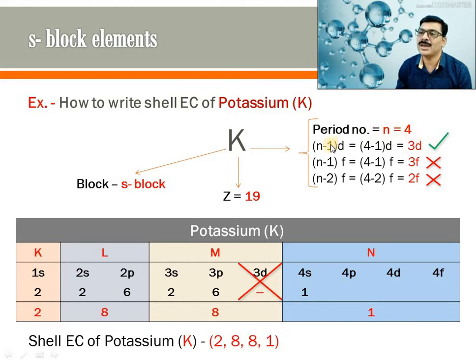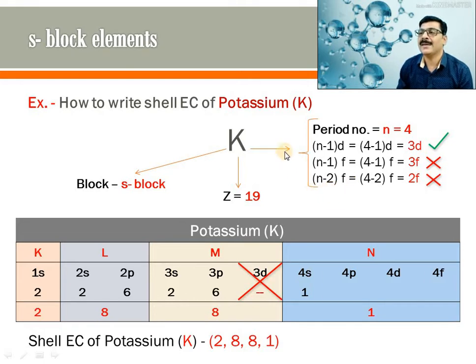Now here potassium is S block, and for writing the shell electronic configuration you have to remember the two things. First thing is you have to ignore the n-1 d orbital, then n-1 f orbital and n-2 f orbital.